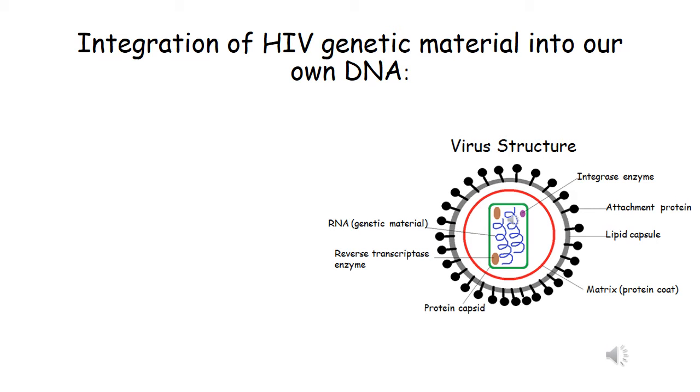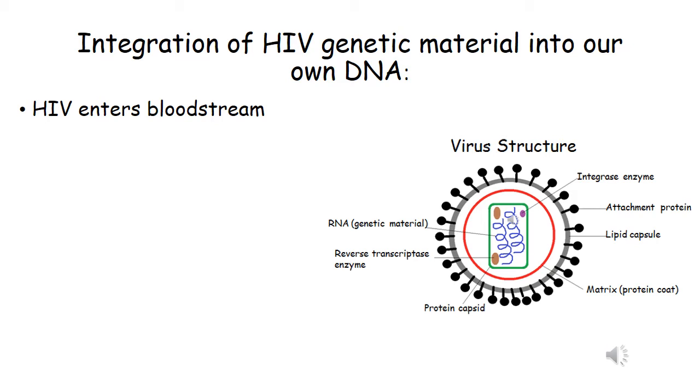So now we're going to talk about how the HIV virus manages to integrate itself into our own DNA if a person is infected with HIV. First of all, HIV has to enter our bloodstream somehow, and there are various ways this can happen.